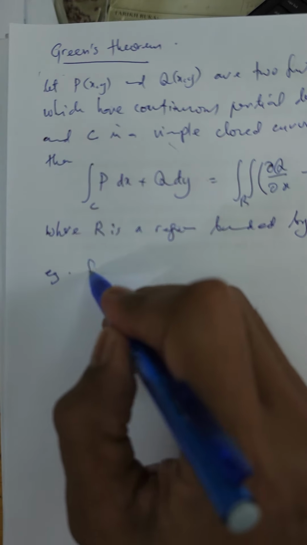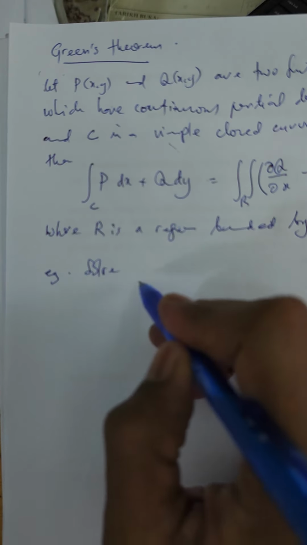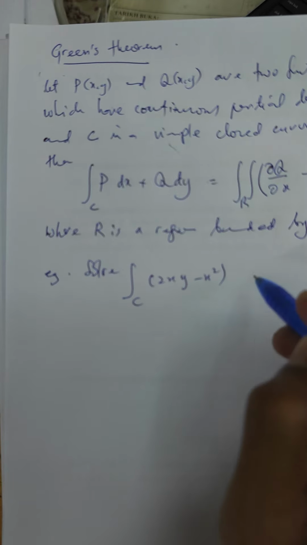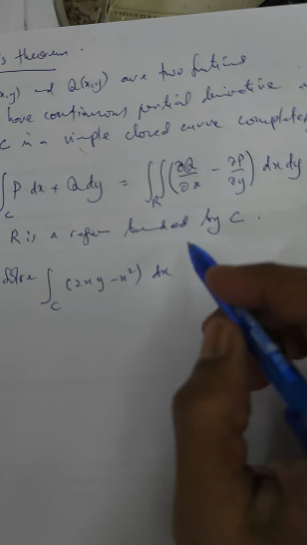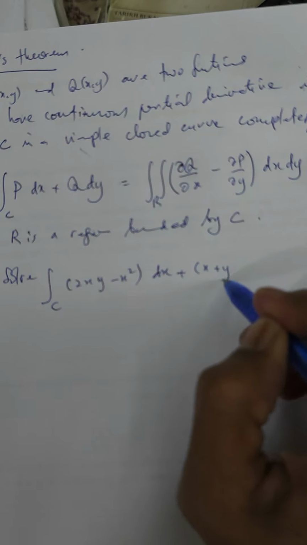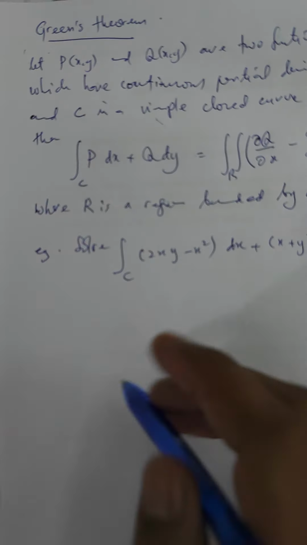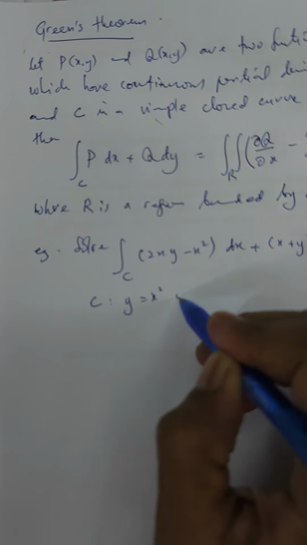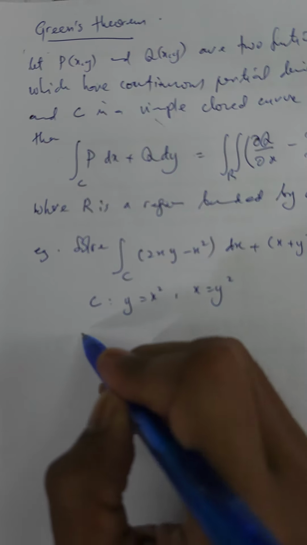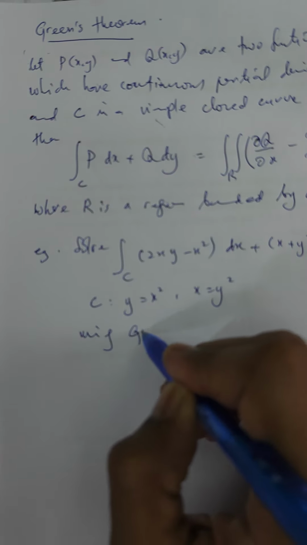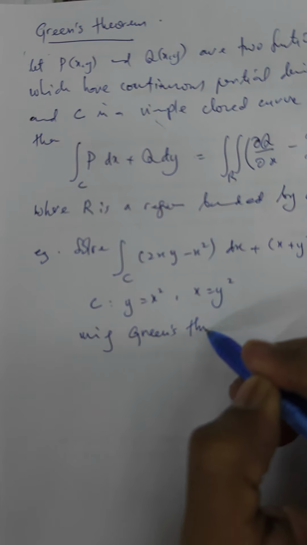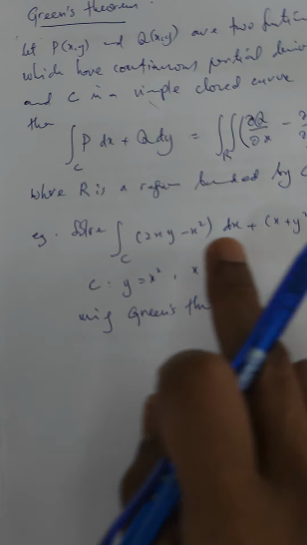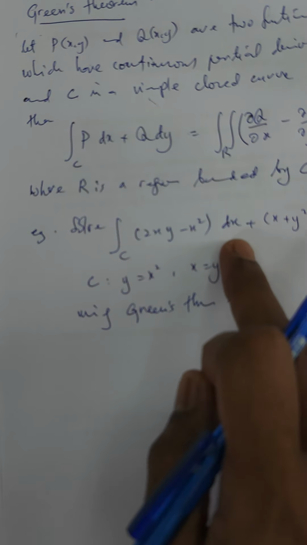We want to solve this same problem, the integral over C of 2xy minus x squared dx plus x plus y squared dy, with C given as y equals x squared and x equals y squared, using Green theorem. First, identify P and Q. Remember, P dx, Q dy.